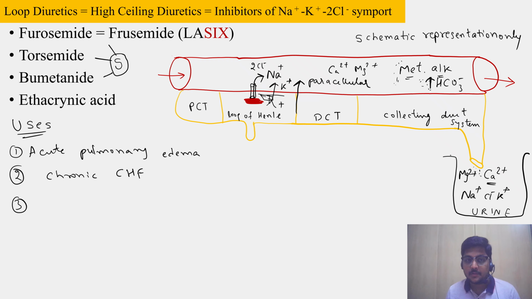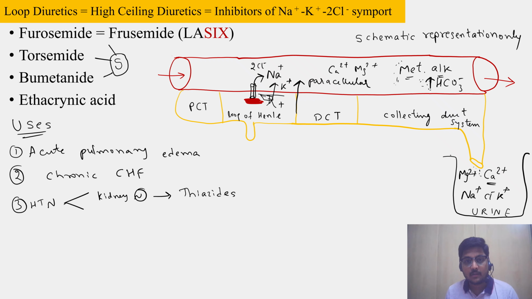And the third use is in hypertension. In hypertension also, we have to remember two situations. Whenever a person is diagnosed as hypertensive, we will check the kidney status. If the kidney is normal in that patient, then what do we recommend? Yes, thiazides, not loop diuretics.